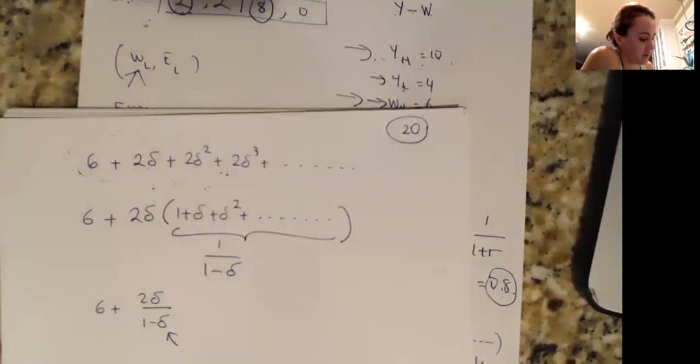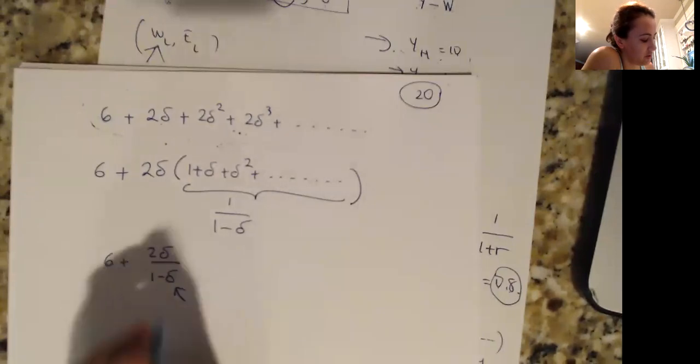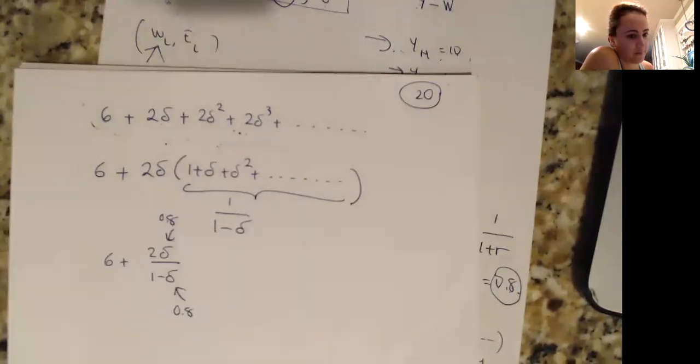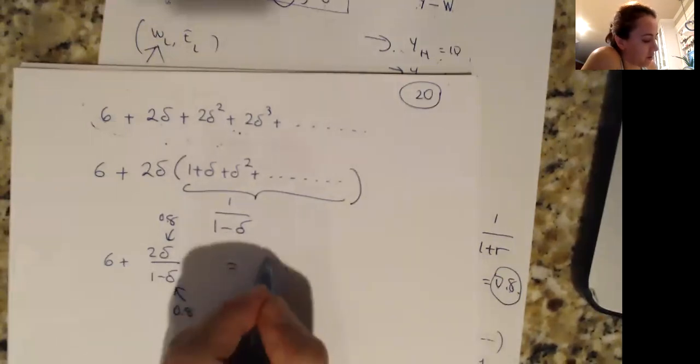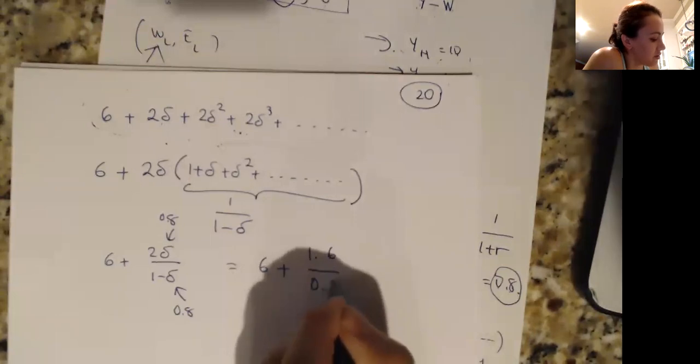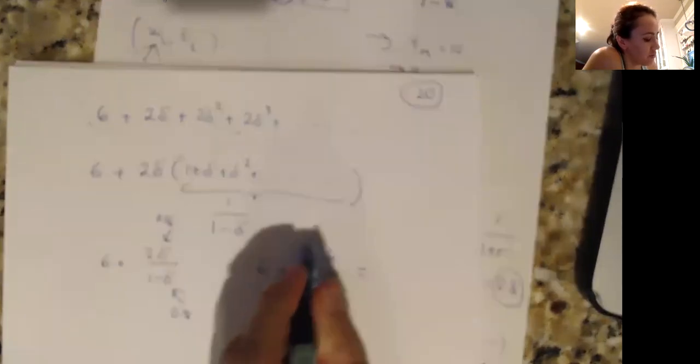Delta is, what was delta? 0.8. So I have 6 plus 1.6 divided by 0.2, which is 14.